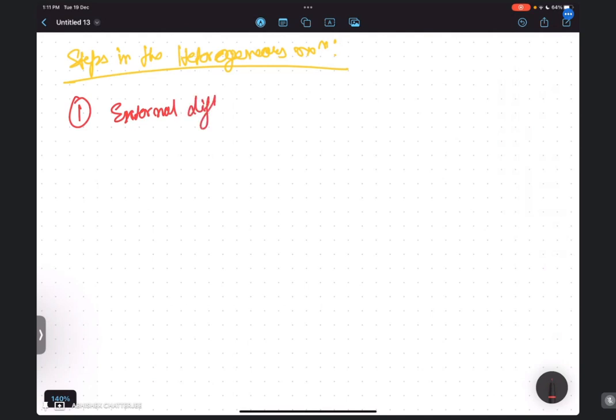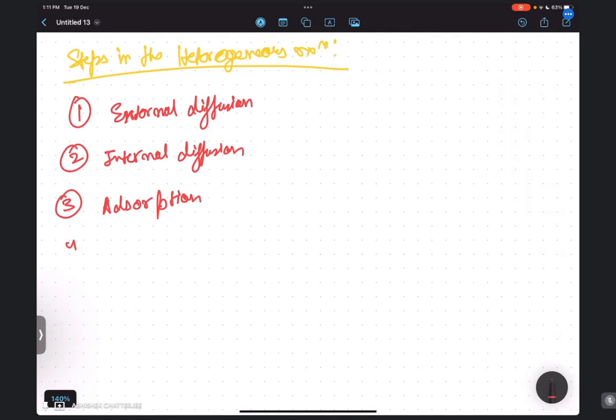External diffusion. The second step is your internal diffusion. The third step is your adsorption. The fourth step is your surface reaction.